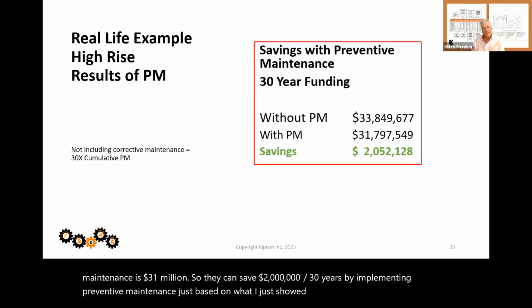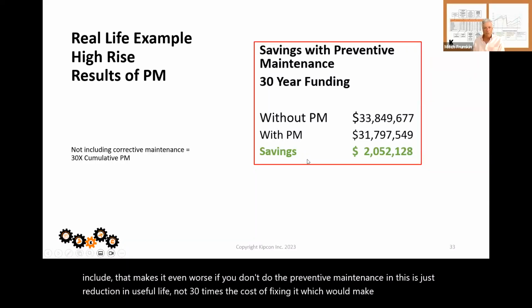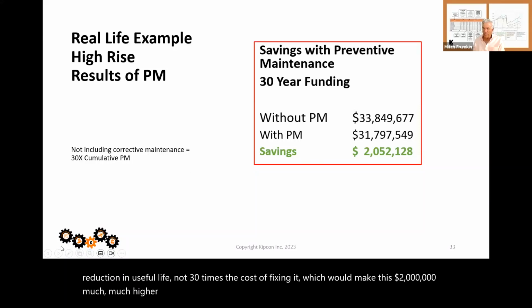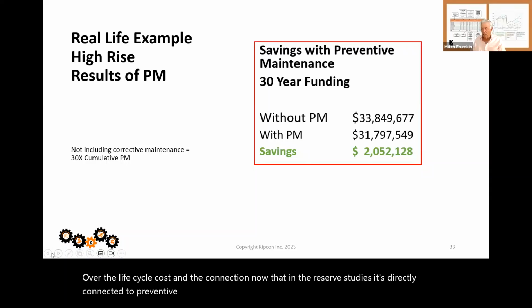The thing that this doesn't include, that makes it even worse if you don't do preventive maintenance, is that this is just the reduction in useful life, not 30 times the cost of fixing it, which would make this $2 million much, much higher. So this is just an example of the advantage of preventive maintenance over life cycle cost, and the connection now that in the reserve studies, it's directly connected to preventive maintenance and why it's done.